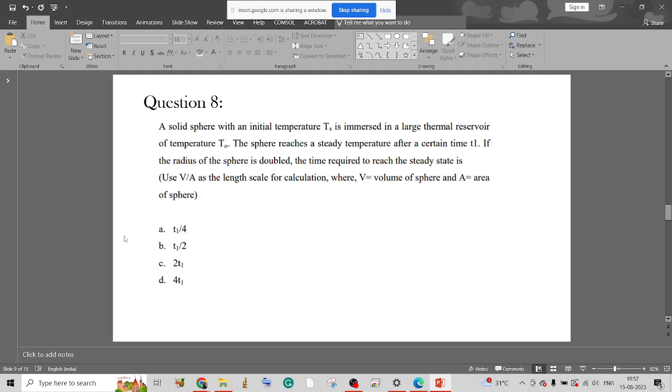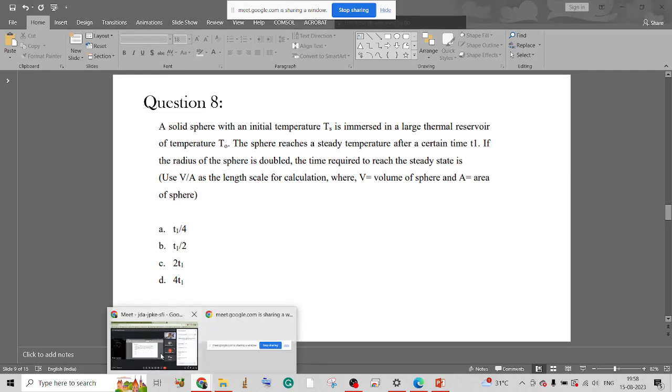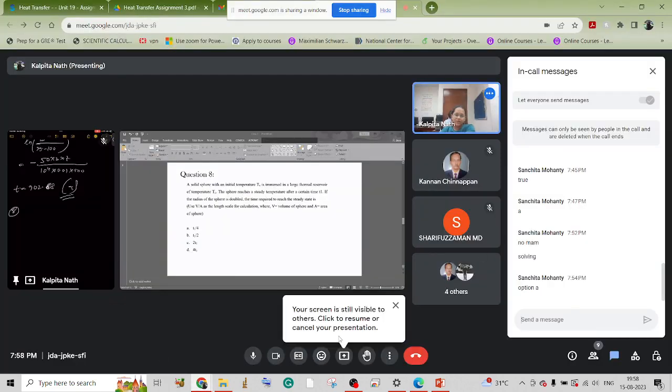So this is the time for the initial radius of the sphere. Now it says that if the radius of the sphere is doubled, what is the time now required for reaching the steady state? Kindly solve it and tell me which answer is correct.